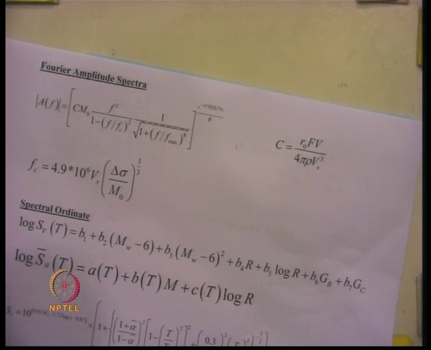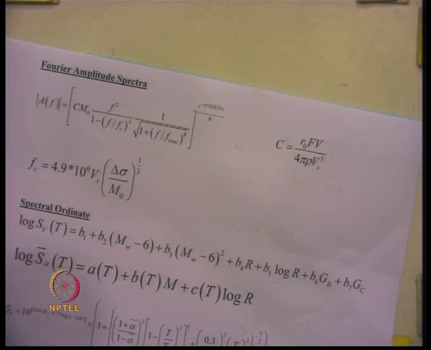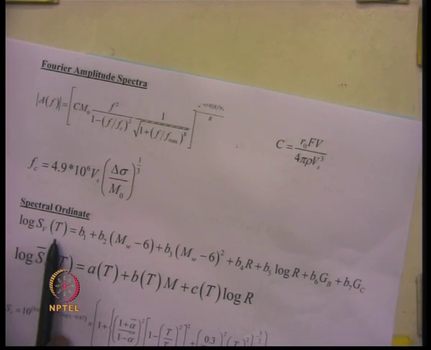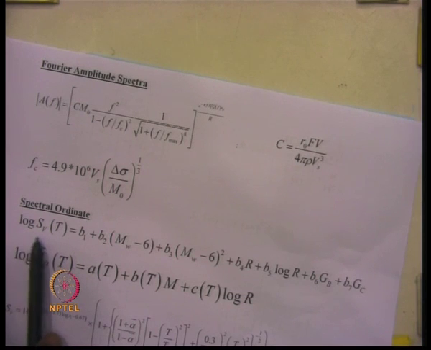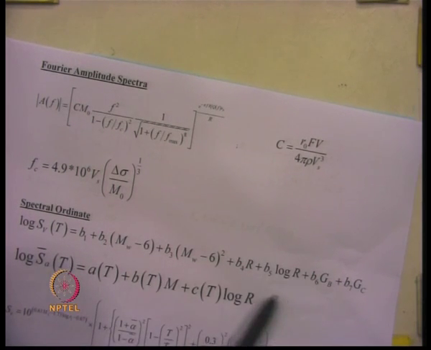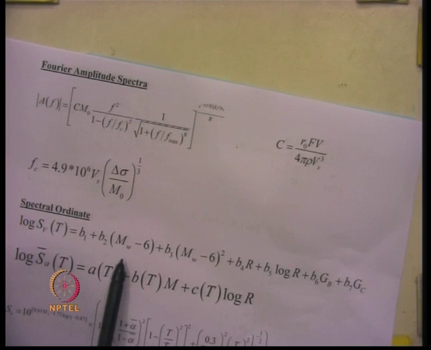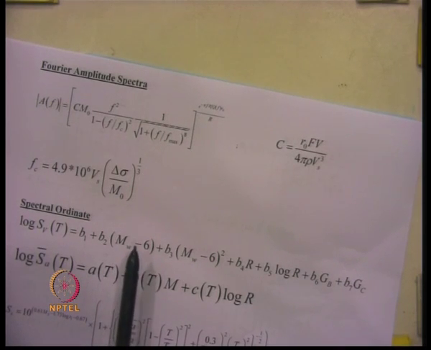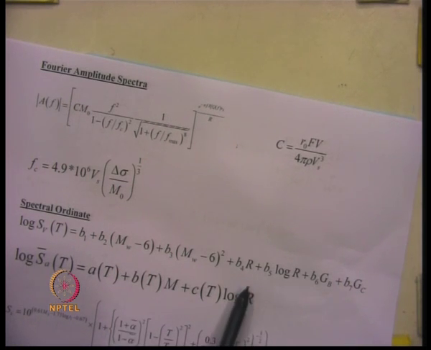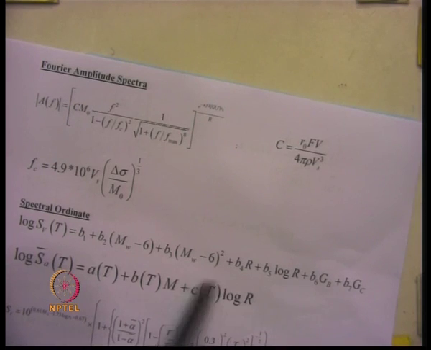Next, people also tried to obtain the empirical relationships for the response spectrum or velocity response spectrum SV. So, this is time period dependent. So, log SV(T) is given by this equation, and one can see that it is related to the magnitude MW and epicentral distance r and a number of constants.